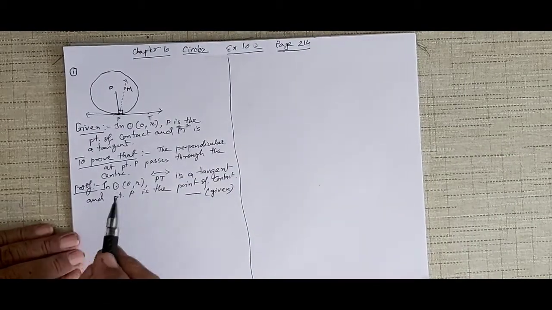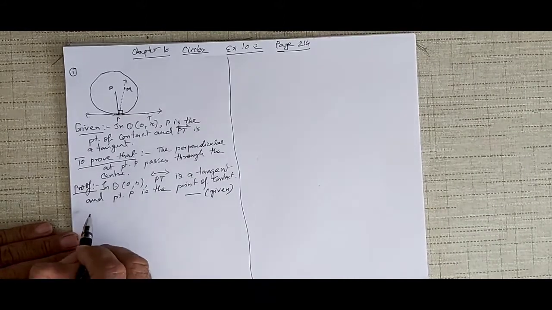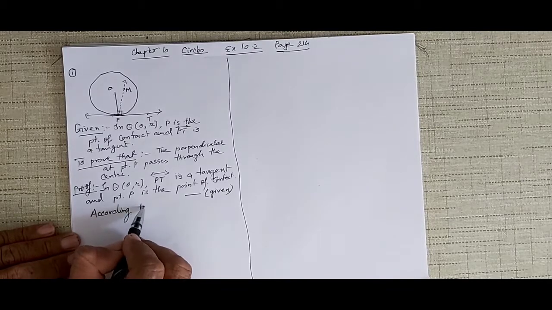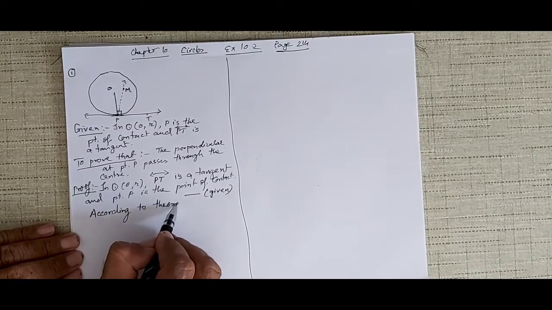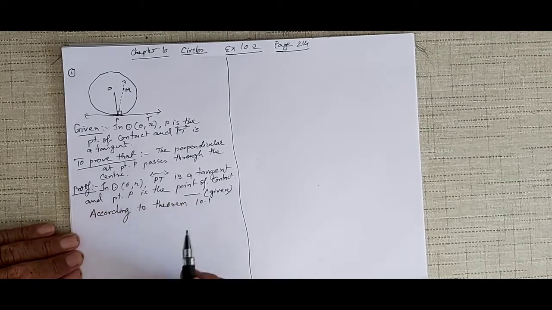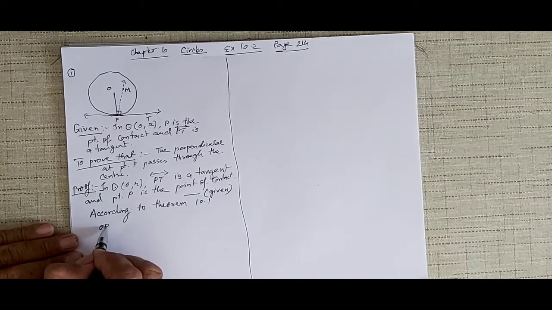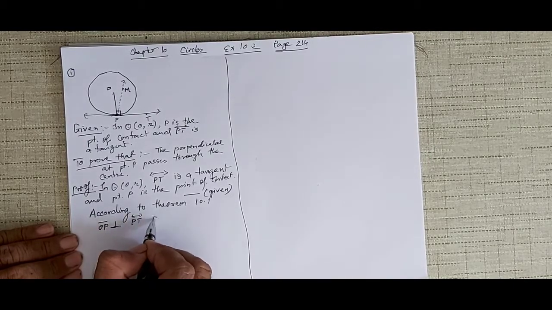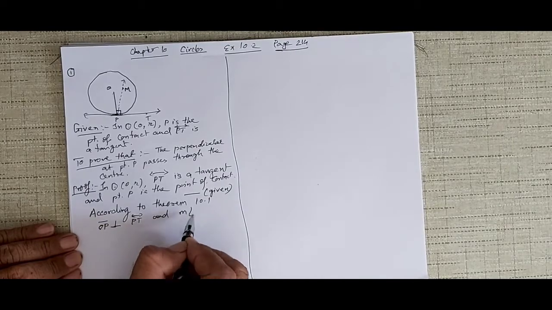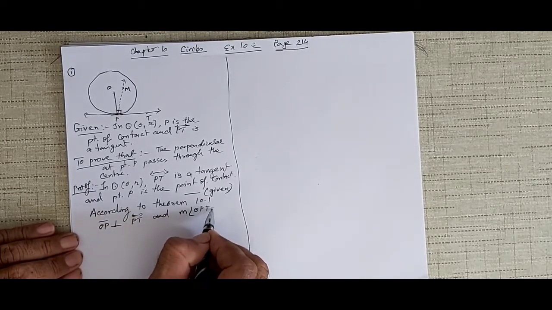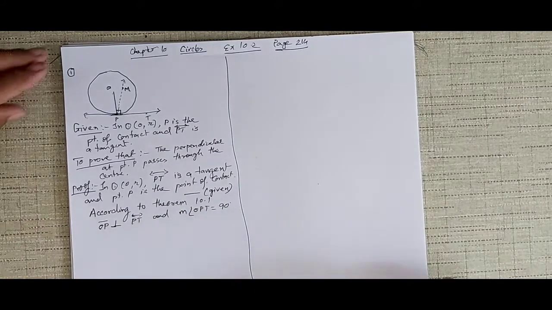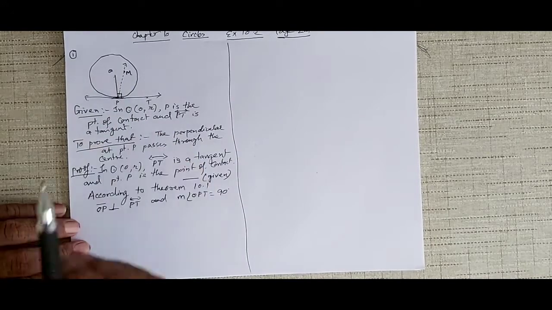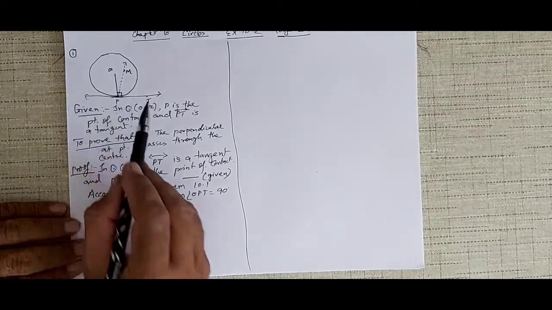Now, according to theorem 10.1, OP will be perpendicular to the tangent PT, and the measure of angle OPT is equal to 90 degrees. Obviously you can see that according to the theorem, the radius drawn to the point of contact is always perpendicular.